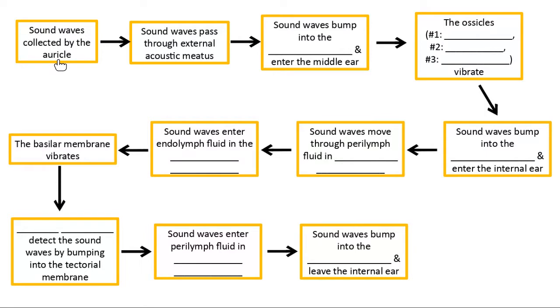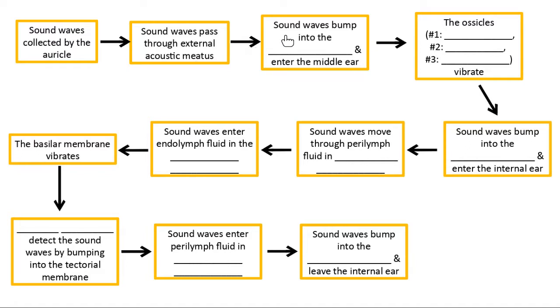It's acting like a funnel. It collects sound waves and funnels them into the little tube. Remember that meatus was kind of like a tube or a passageway. So we collect sound waves with the auricle. We funnel them into a thing called the external acoustic meatus, the hearing hole, essentially.